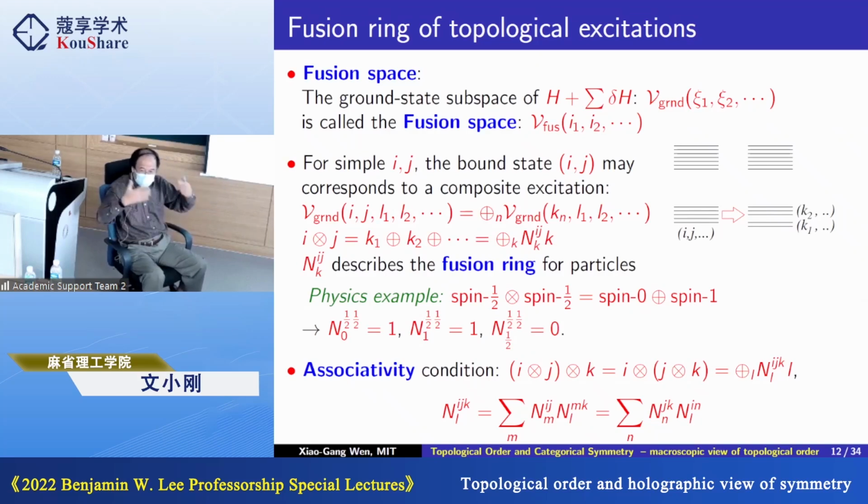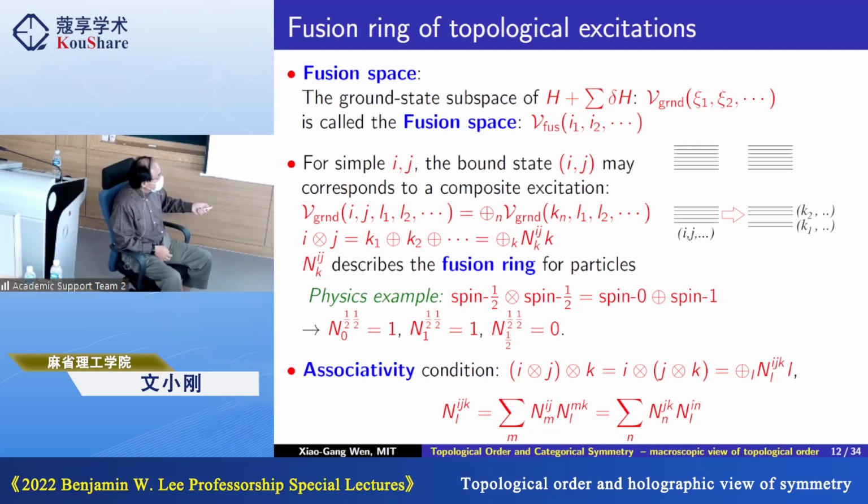So you can say physically, it's just like a fusion of this trap. So there's a really complete physical understanding of this modular tensor calculus data. Okay, so this is the example of the 1/2 fusion, and the coefficient for 1/2, 1/2 to 0 is 1, 1/2, 1/2 to 1 is 1, 1/2, 1/2 to 1/2 is 0, things like that. So this kind of fusion coefficient. Okay. And then there's associativity.